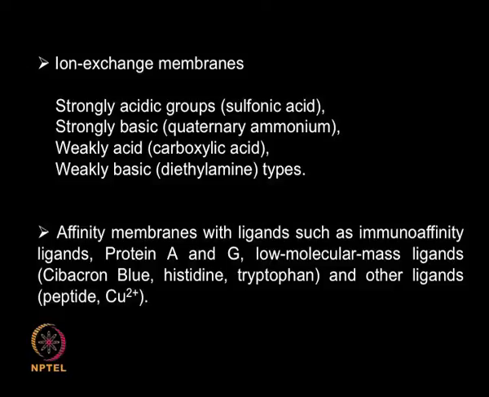You can also have affinity membrane, so you will have ligands such as immunoaffinity ligands, protein A and G, low molecular mass ligands like Cibacron blue, histidine, tryptophan, and other ligands like copper 2+ and so on. So we can also have affinity ligands immobilized on membrane, so we will get an affinity membrane type of systems.